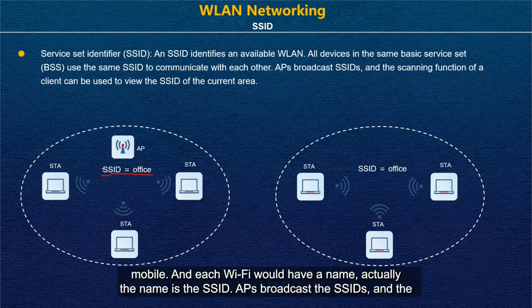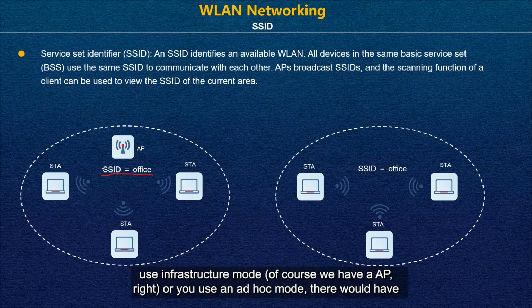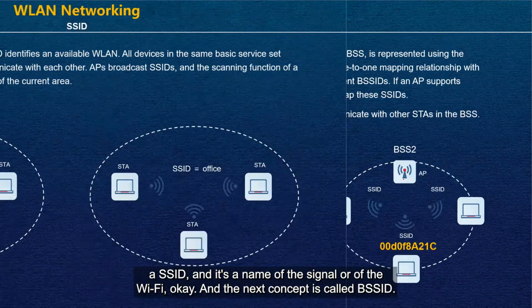APs broadcast the SSIDs, and the scanning function of a client can be used to view the SSIDs of the current area. No matter if you use infrastructure mode, where of course we have an AP, or ad hoc mode, there is an SSID, which is the name of the signal or of the Wi-Fi. Okay, and the next concept is called BSSID.